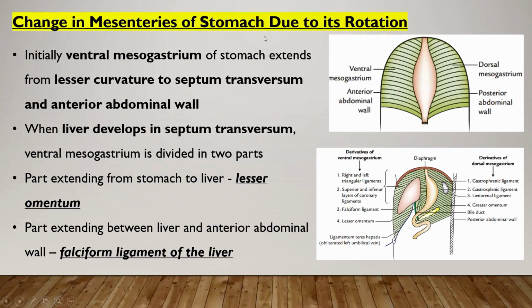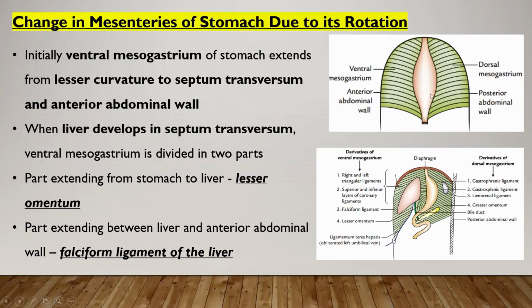Now, changes in the mesenteries of the stomach due to rotation. As I have already told you, there is the ventral mesentery of the stomach, known as the ventral mesogastrium, and the dorsal mesentery of the stomach, known as the dorsal mesogastrium. Initially the ventral mesentery extends from the lesser curvature to the septum transversum and anterior abdominal wall.